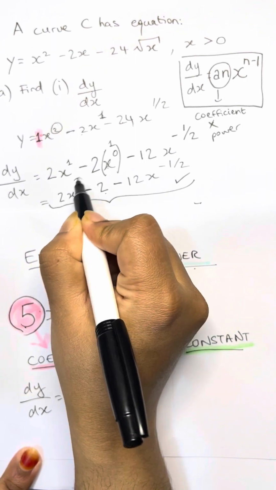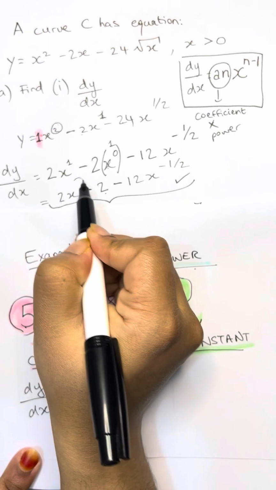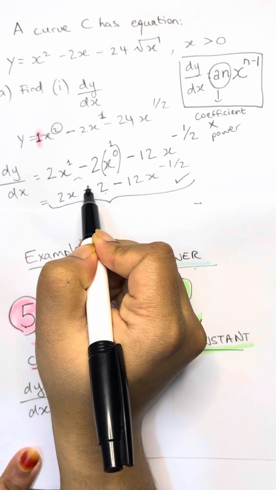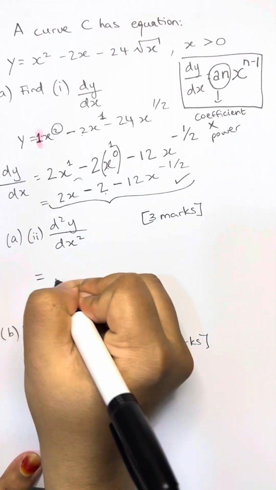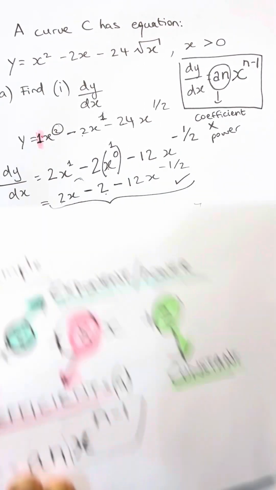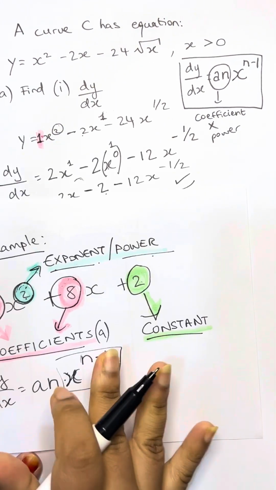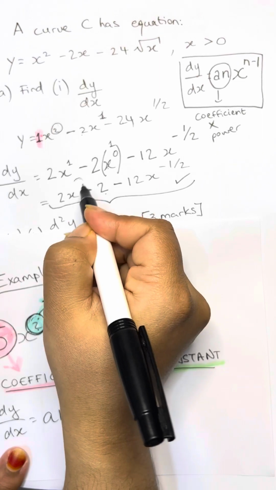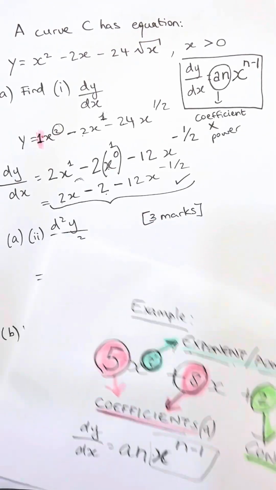Because I don't have anything written here, we assume it's 1. When there's no power written, it's always 1. So 1 times 2 is just 2. And for x, the next step is to take away 1. In this case our power is 1, so 1 take away 1 is just 0.